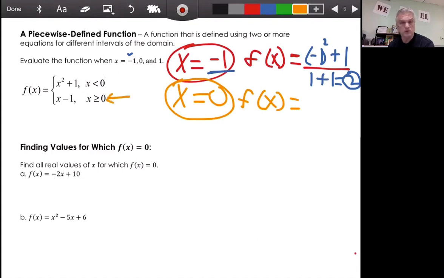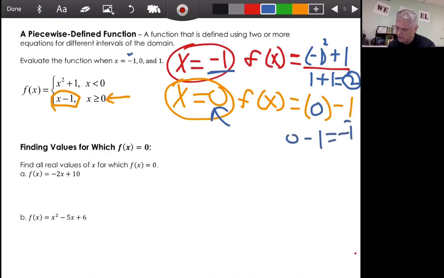It's greater than or equal to 0. Of course it is. Okay, so that means we're going to use this function rule for my x. So we're going to look at x minus 1. Okay, so what is our x? Well, our x is 0. So if our x is 0, 0 minus 1 is -1. So the answer to the second question, when x is 0, f of x is -1.